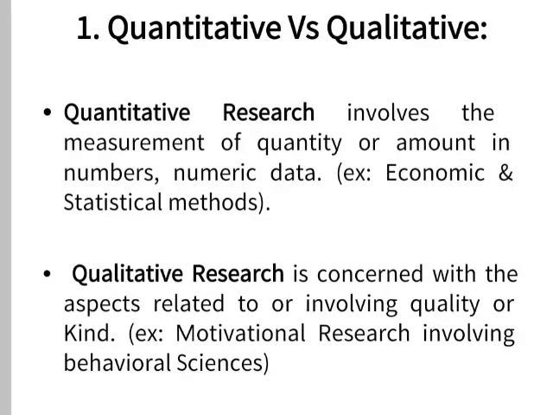It is called quantitative research. Qualitative research is concerned with the aspects related to or involving quality or kind of something. For example, motivational research involving behavioral sciences. In qualitative research, we analyze the data through thematic analysis, and data is not measured in numbers.